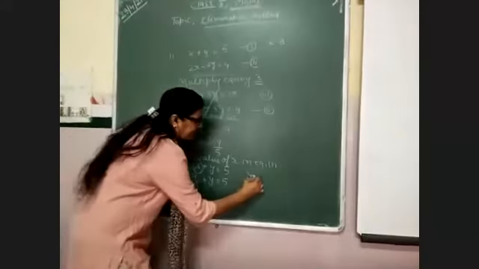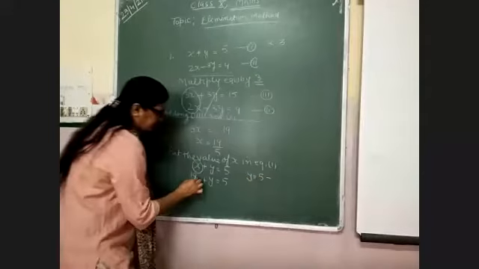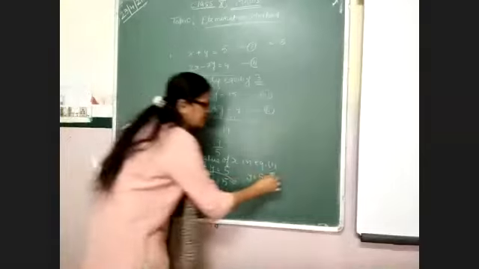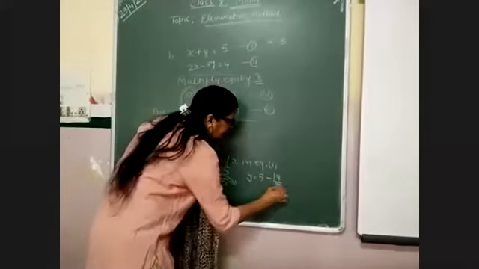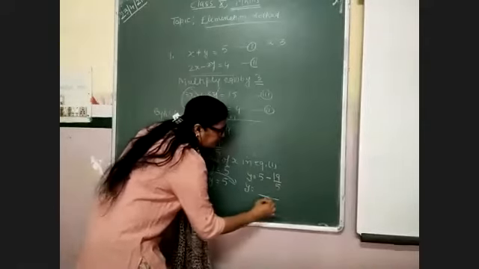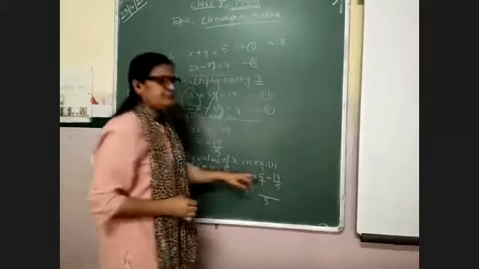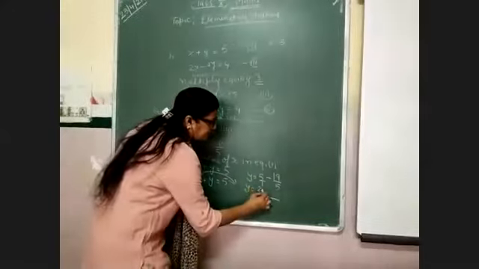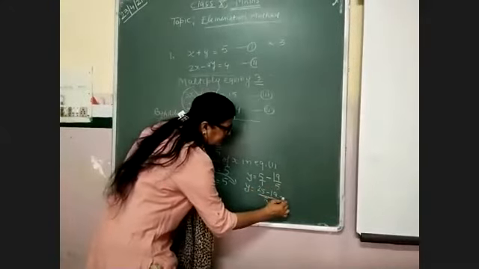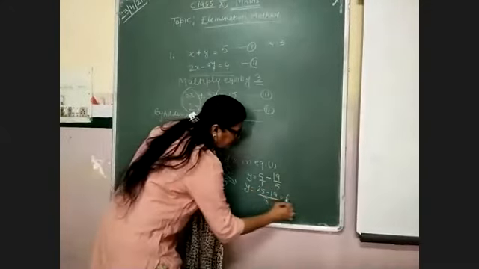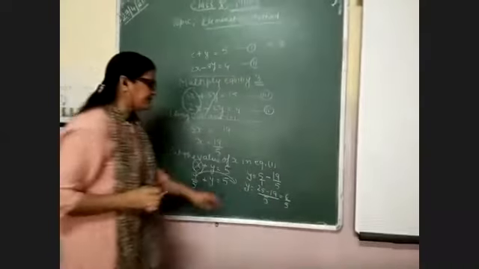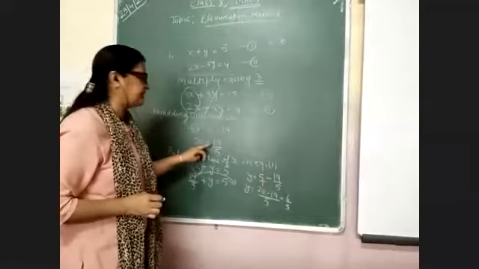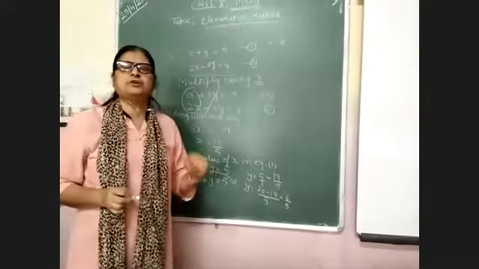So y equal to 5 minus 19 upon 5, when you transpose to the right hand side. Take the LCM of 5 upon 1 and minus 19 upon 5: 5 fives are 25 minus 19. It becomes 6 upon 5. So the value of y is 6 upon 5 and the value of x is 19 upon 5.